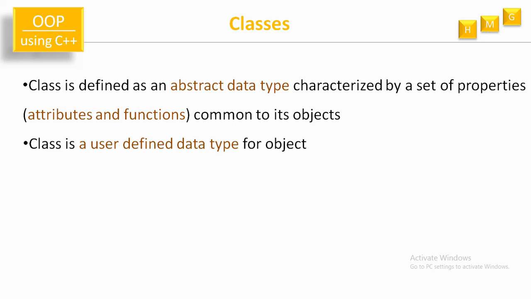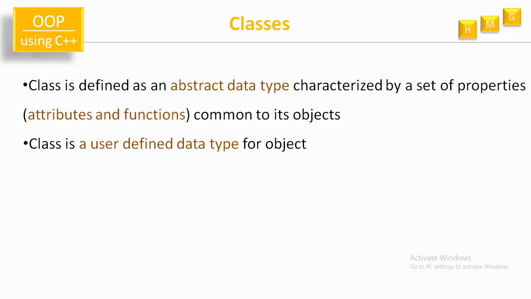So in OOP, the built-in data types such as int, float, double, char are also supported. Apart from that, the class is another data type which is defined by the user itself.